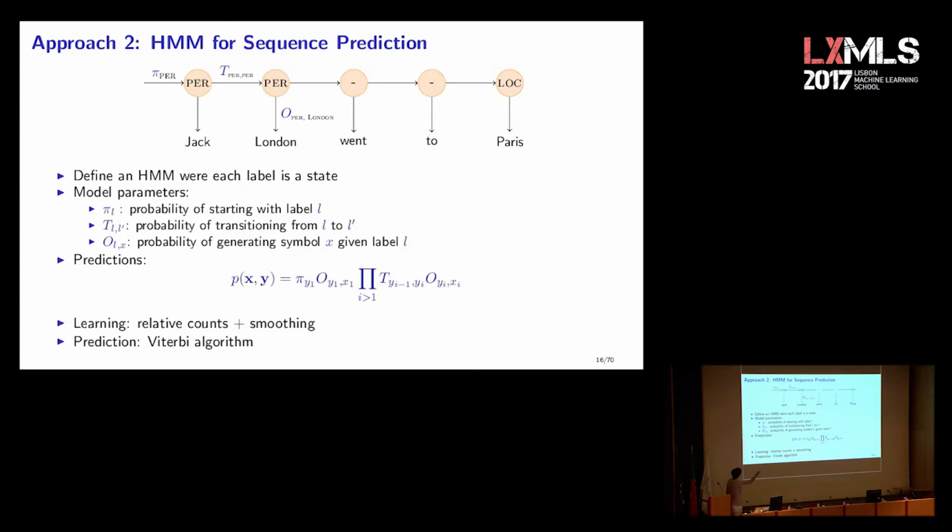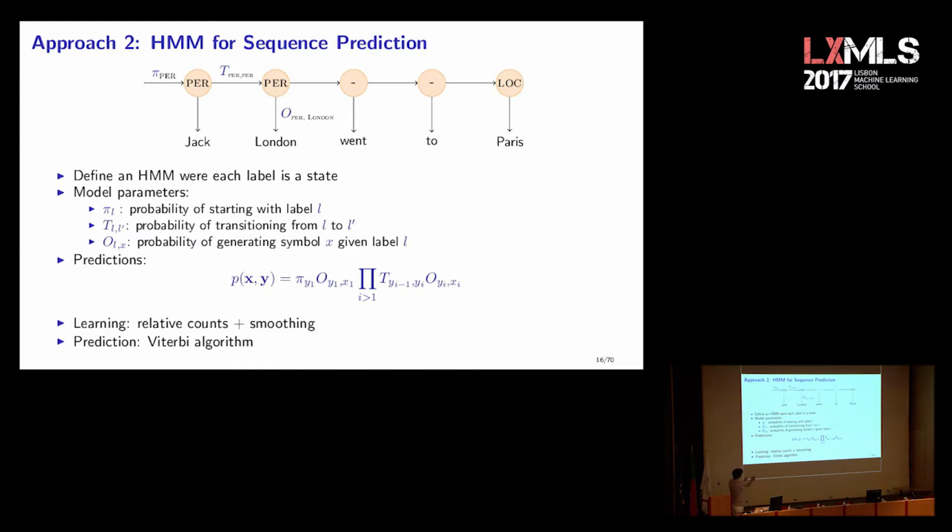In that case, we would set the states of the HMM to be these named entity tags, and this thing generates a sentence. The definition of an HMM is a stochastic model, like a machine, that generates sequences like that. It has a probability for starting with a certain label. What's the probability to start a sentence with a person name or a location name or a nothing label?